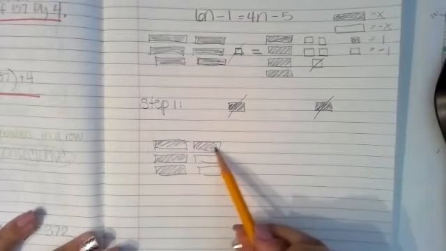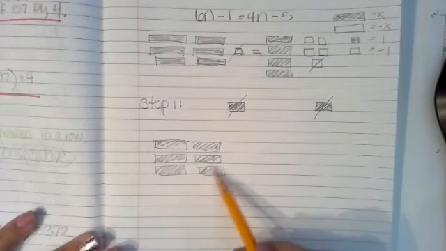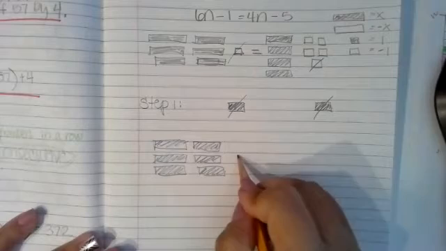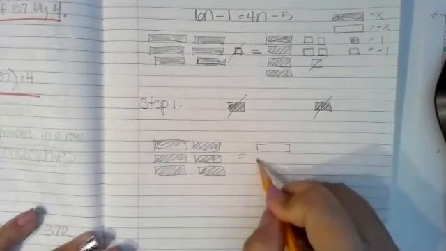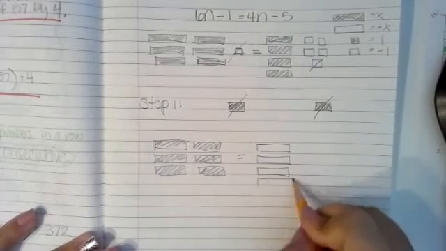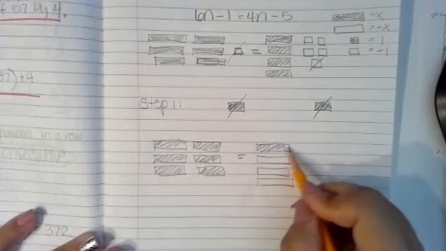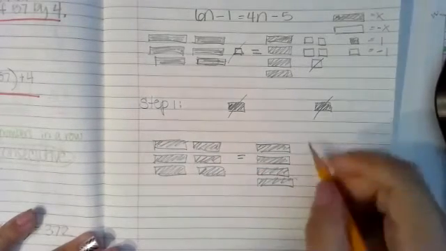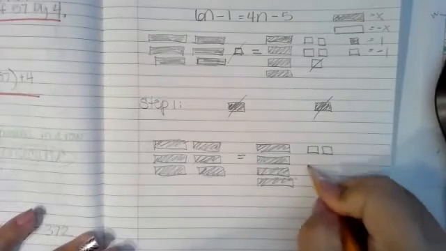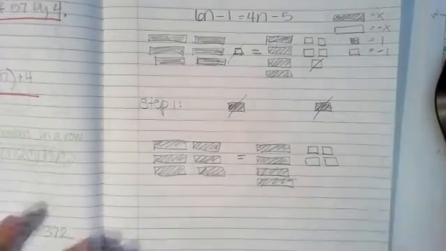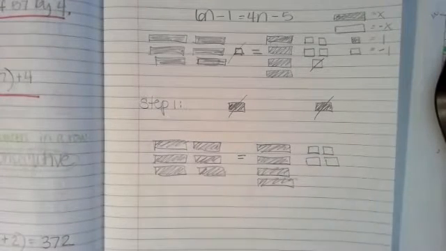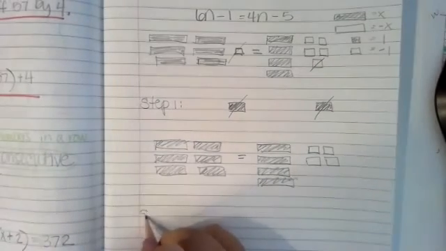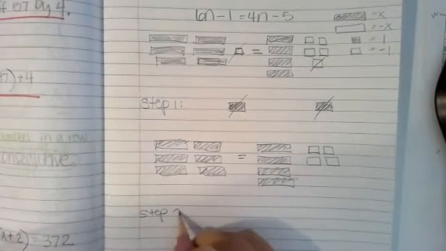So I'm left with 6n is equal to 4n minus 4. My next step is to get all of my variables on one side.